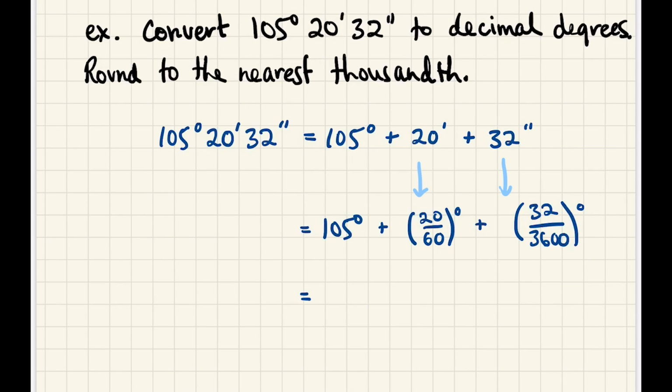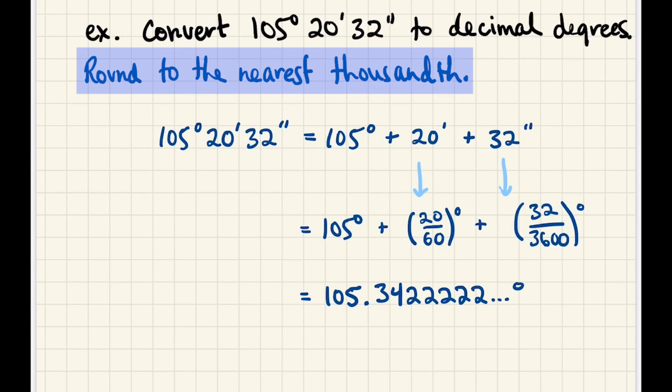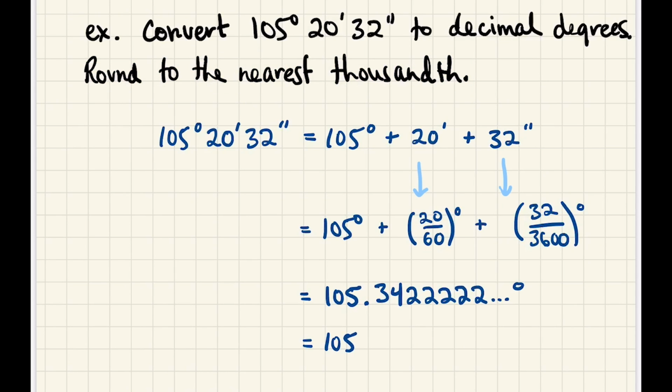Using a calculator, it comes up with this number, with the 2's repeating. This question said round to the nearest thousandth. That would be 3 places after the decimal. So we're going to say that's 105.342 degrees. Final answer.